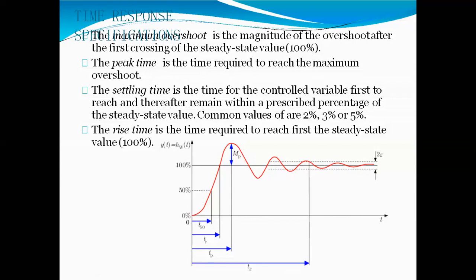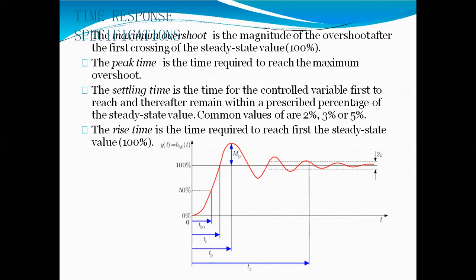Then what is settling time? The settling time is the time for the controlled variable first to reach and thereafter remain within the prescribed percentage of the steady state value. For example, if I've applied some input to the control system and it is reaching its maximum point, then after reaching its maximum point, my system will enter into my steady state response.